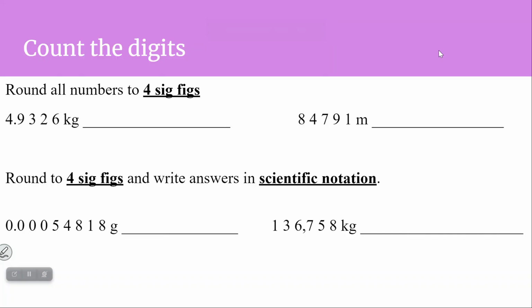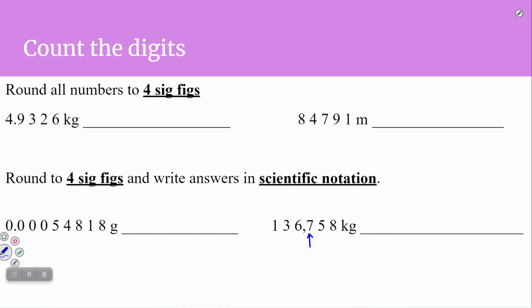Okay, so we ended last time looking at this last one here, what to do when you're trying to write this number in scientific notation after rounding it to 4 sig figs. If we want to round this one to 4 sig figs, the fourth sig fig is the 7, counting 1, 2, 3 from here.